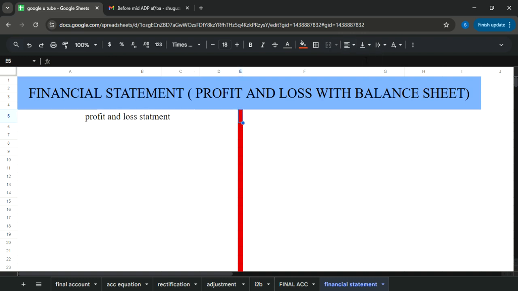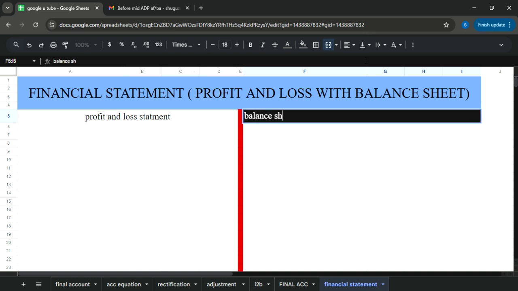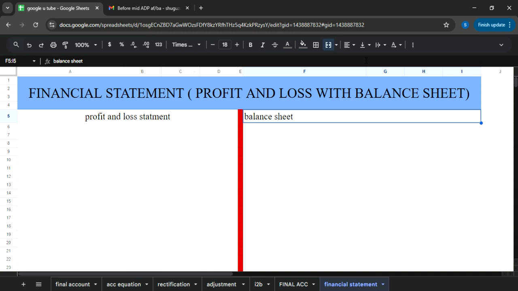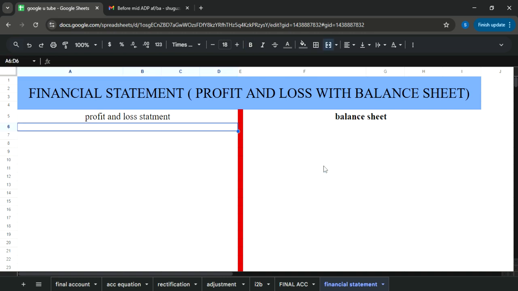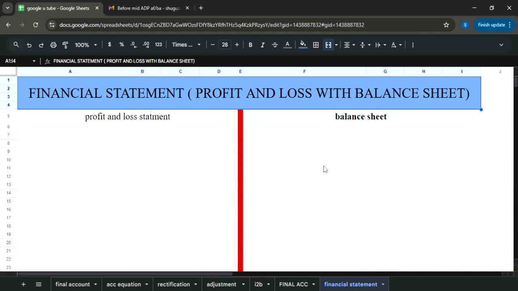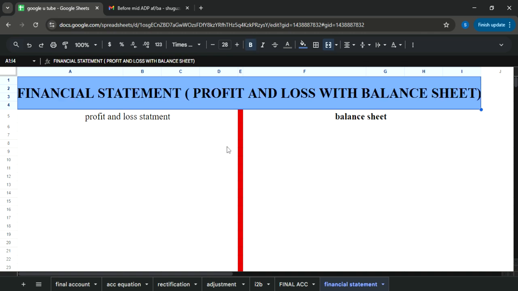On the other hand, the right side would be used for making the balance sheet of the business, which will include two major parts. The upper side would be used to demonstrate our assets, and the lower part would be used for calculation of the liability side.